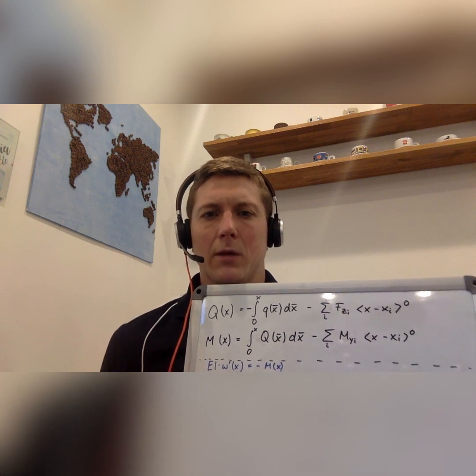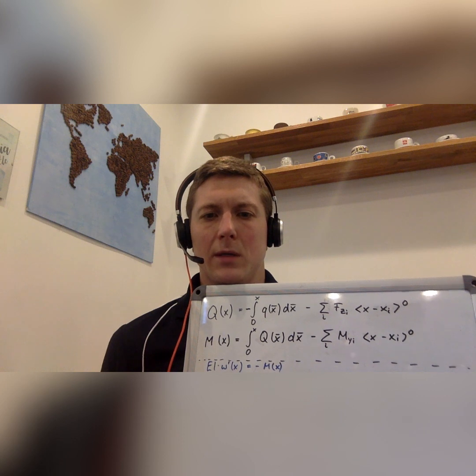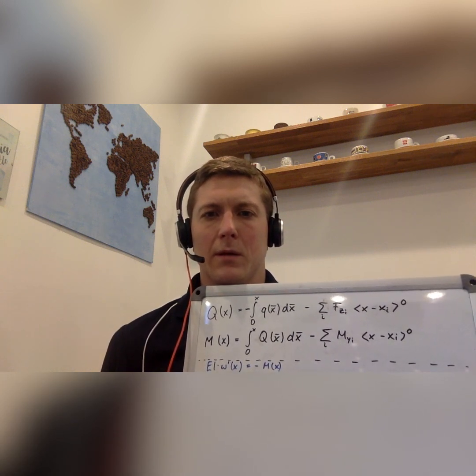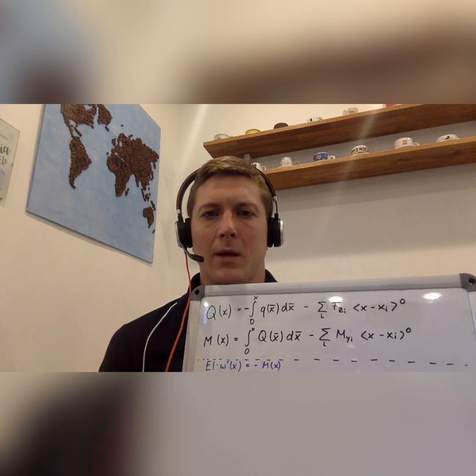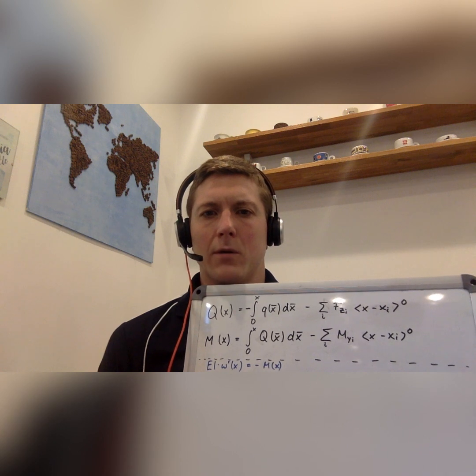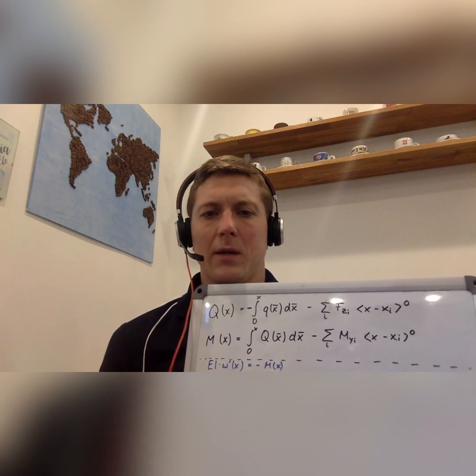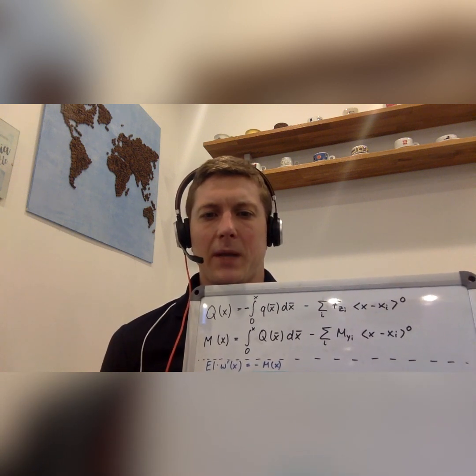E is a material constant, Young's modulus, an elastic constant which is dependent on the material. So if you have, for example, a steel, it will behave differently to a wooden beam or a plastic beam, and you could look this up in some textbooks.